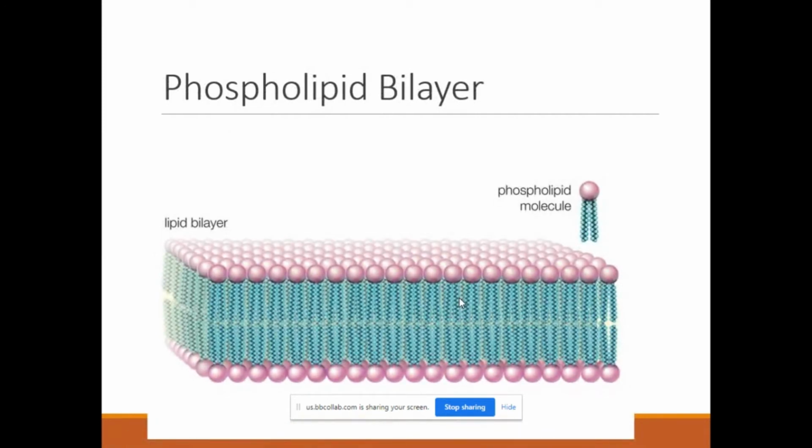Remember that any time we're talking about membrane transport, we are talking about the ability of a solute to move back and forth across the membrane, entering the cell or leaving the cell. So this is the mass that we're trying to traverse when we're talking about solute or solvent movement.